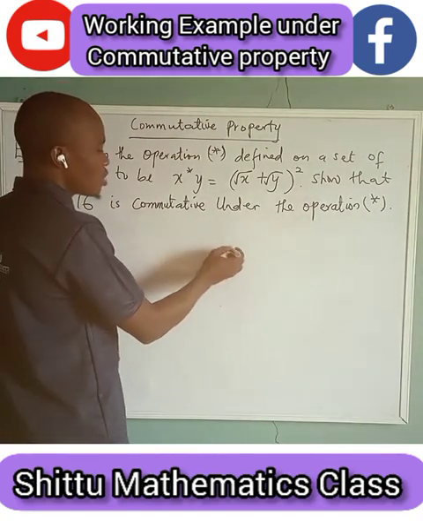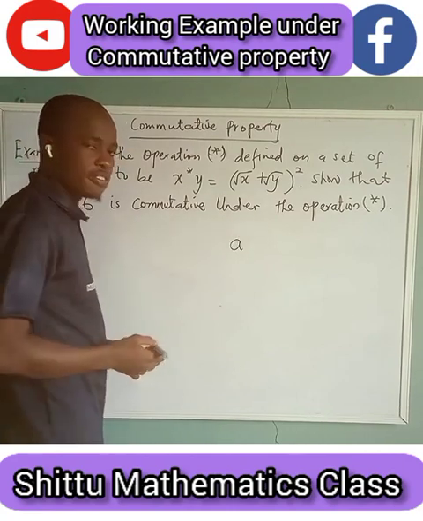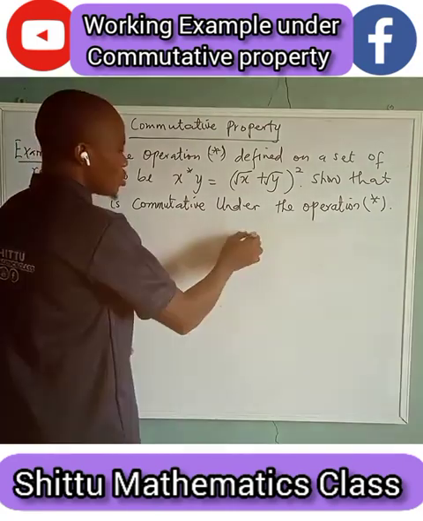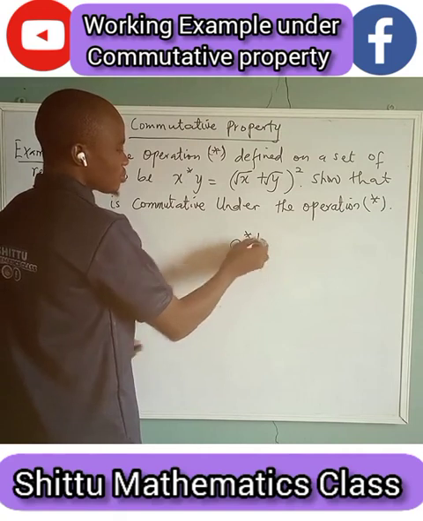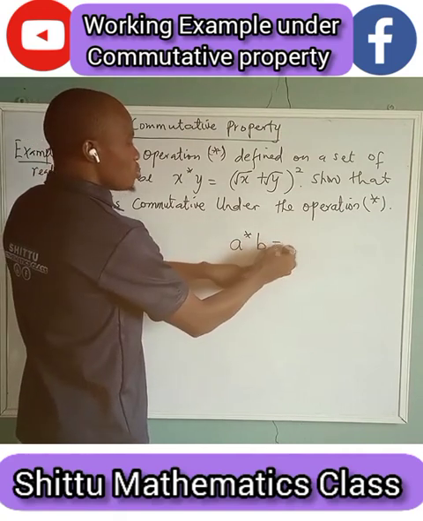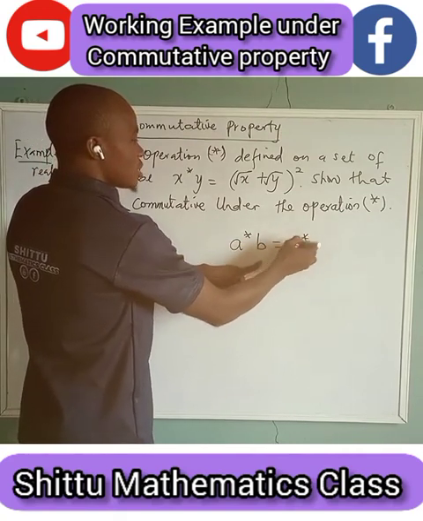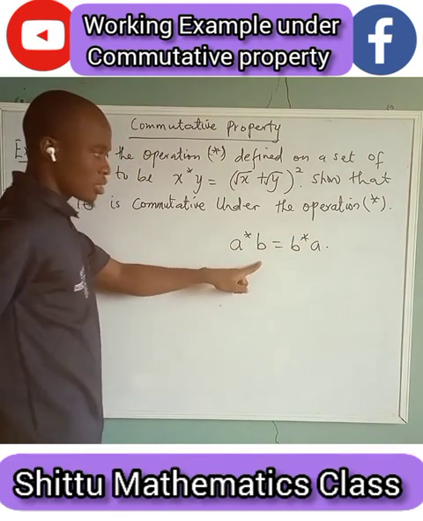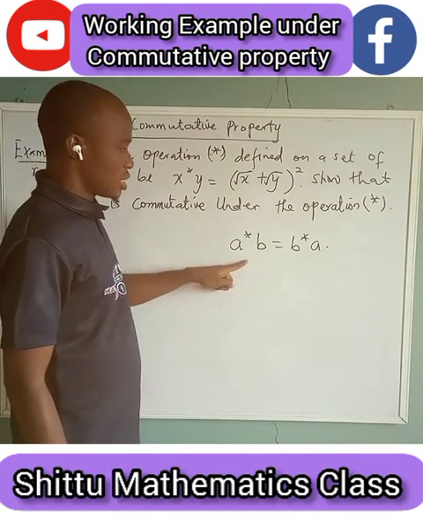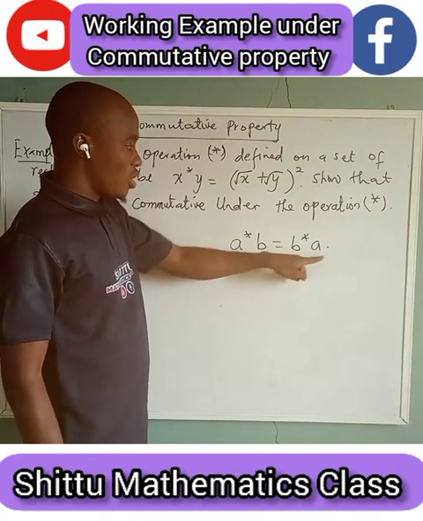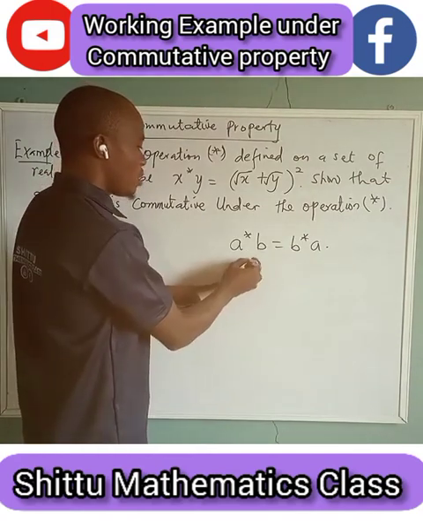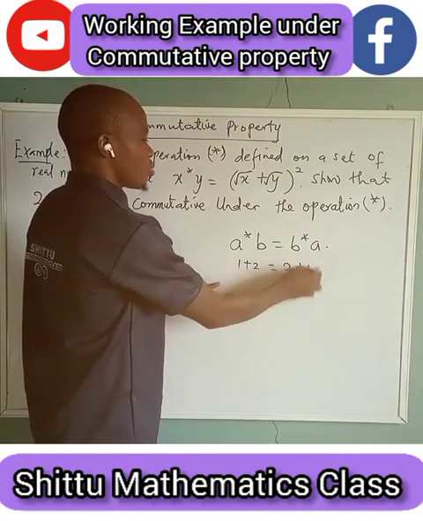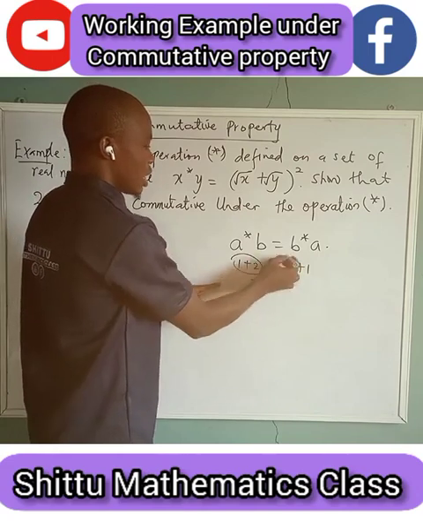Don't forget from the last lesson, we said when we have commutative, it's going to be, let's say we have A asterisk B should be B asterisk A. If this is equal to this, like when you have 1 plus 2, the same thing as 2 plus 1, this is 3 and this is also 3.